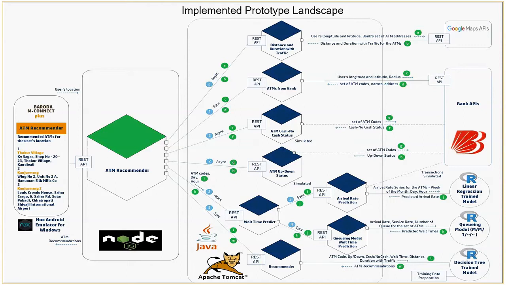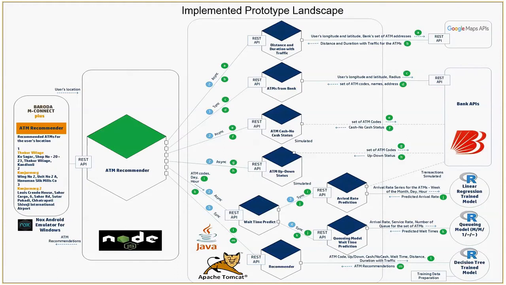And all these parameters for the set of ATMs, the wait time, up down, cache no cache, and the distance and duration are fed into a decision tree implementation in R, which spits out the recommended ATMs, and that comes back to the wrapper service in Node, which goes back to the mobile application.